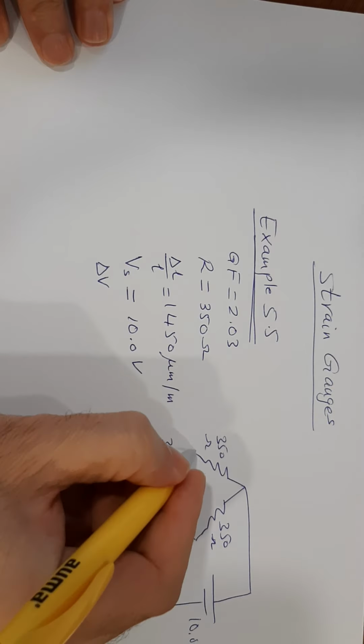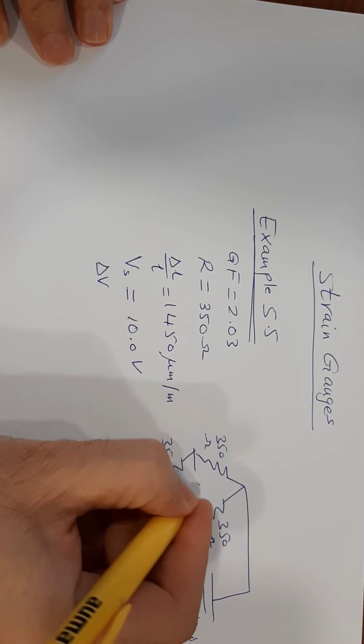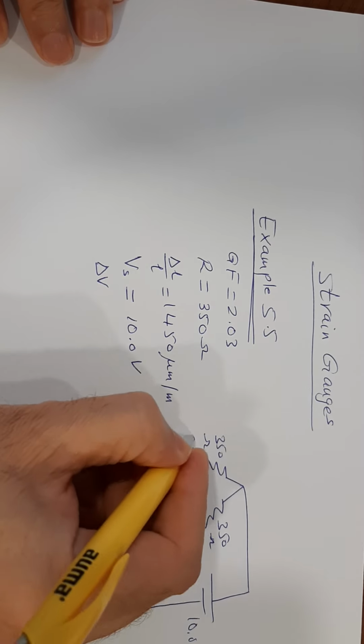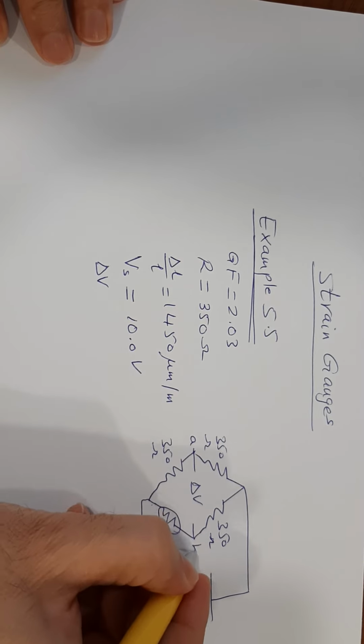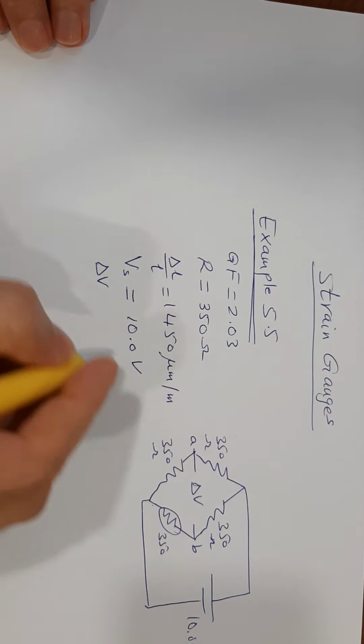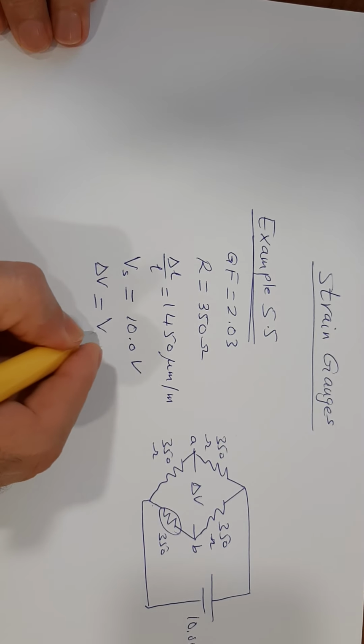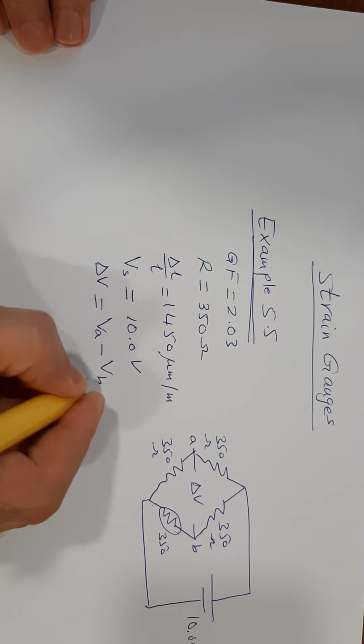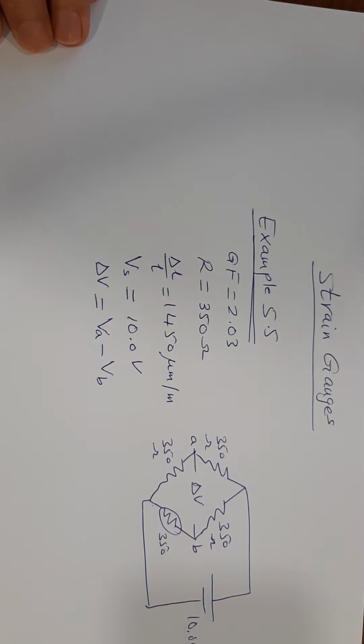We need to find the voltage here, delta V, between this point, which is point A here, and this point, which is point B. We know that this delta V is equal to the voltage at A minus the voltage at B. This is the voltage difference between two points.